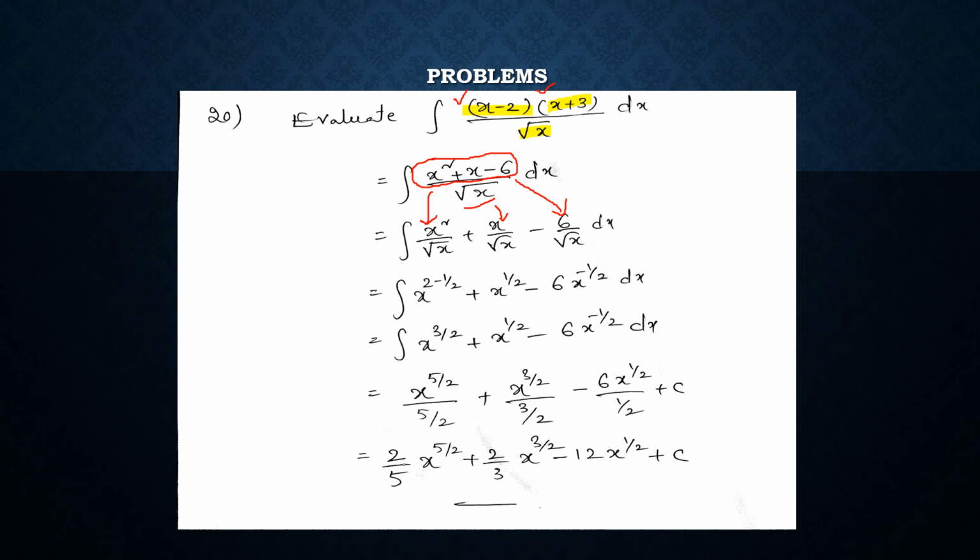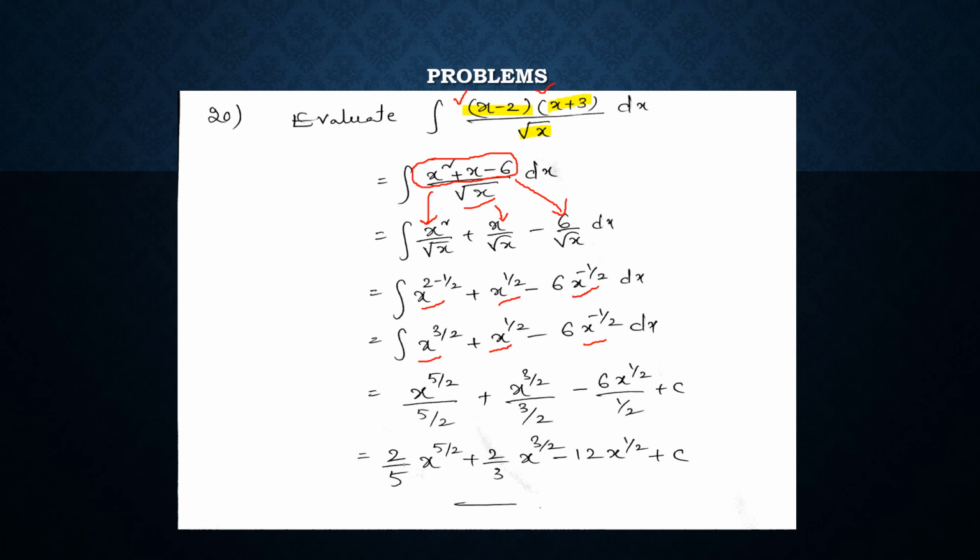That becomes integral x to the power of 2 minus 1 by 2 plus x to the power of 1 minus 1 by 2 minus 6 into x to the power of minus 1 by 2 dx. By simplifying this, we will get integral x to the power of 3 by 2 plus x to the power of 1 by 2 minus 6 into x to the power of minus 1 by 2 dx.